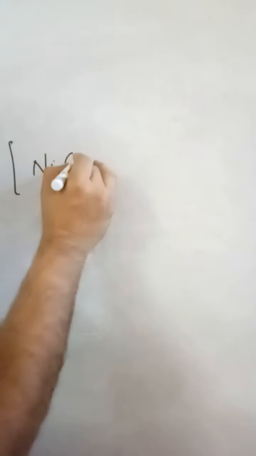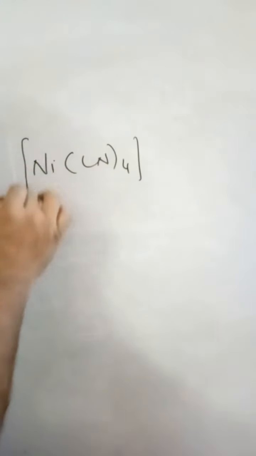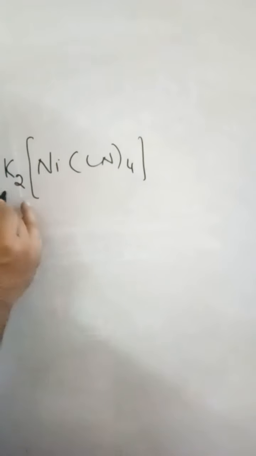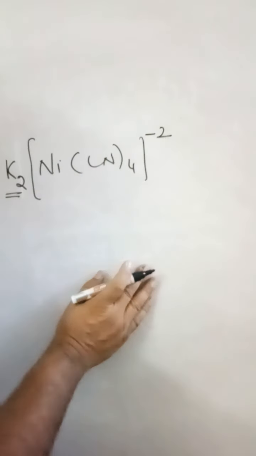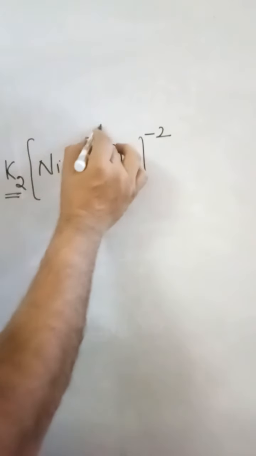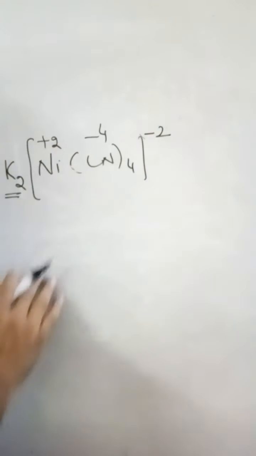Now consider this compound, K2 nickel CN4. Due to potassium, the charge on the square bracket is -2, and CN carries -4. So for this nickel it should be +2.